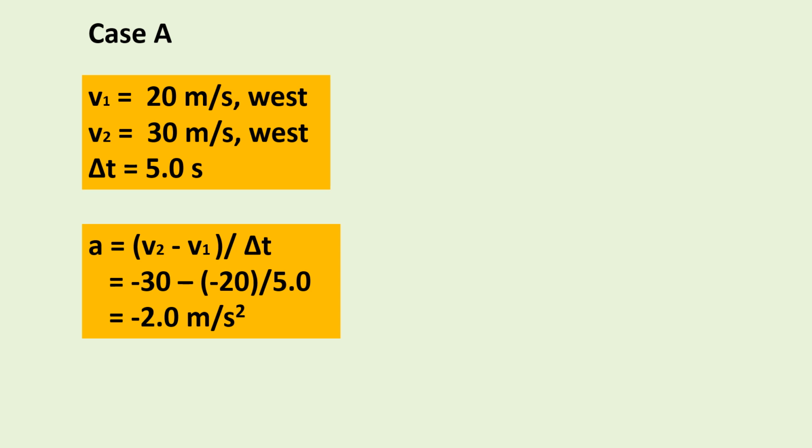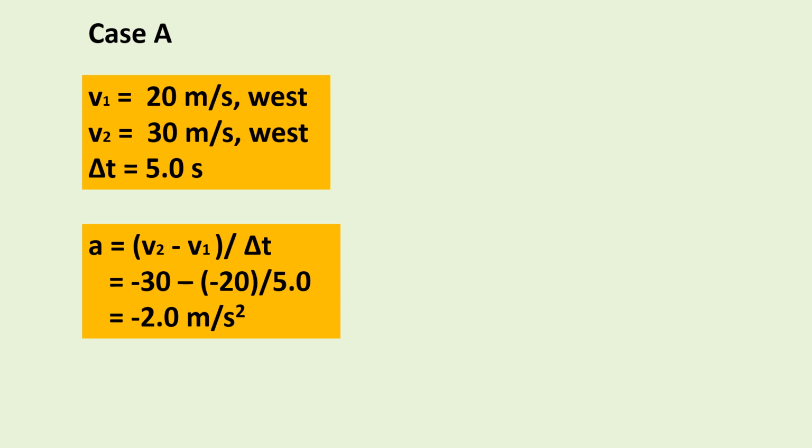So divide this by 5 seconds, which is the time elapsed. And eventually, what we get is negative 2 meters per second squared, which is the acceleration. All right? So you see, this satisfies the required condition in our question.